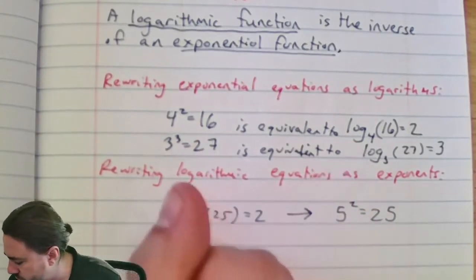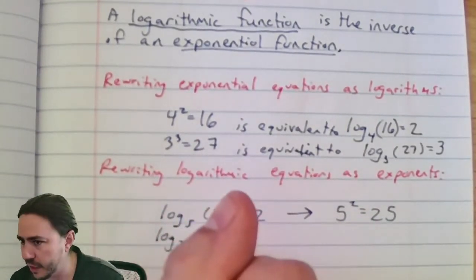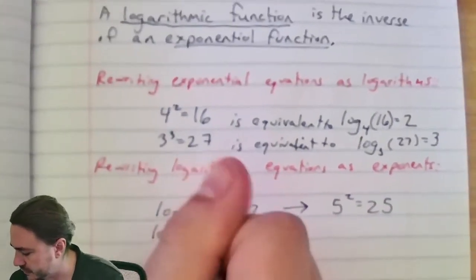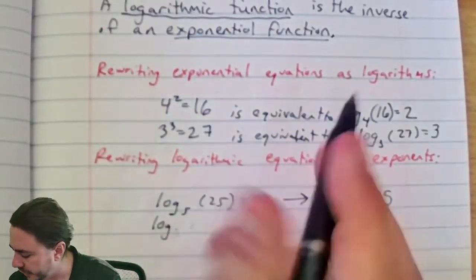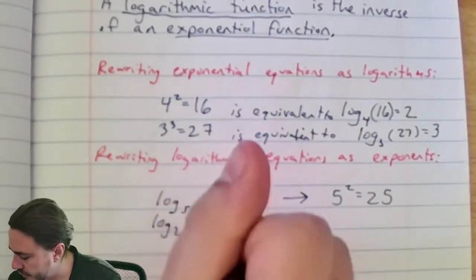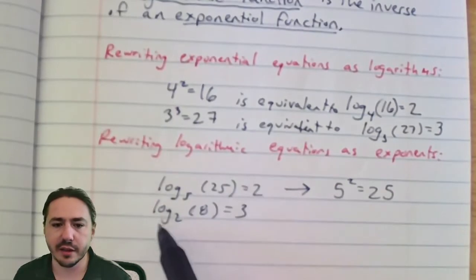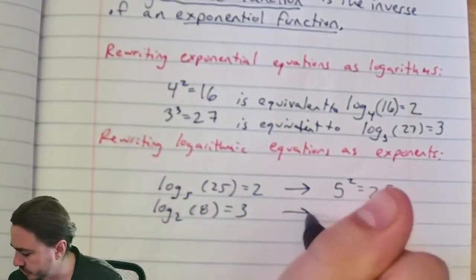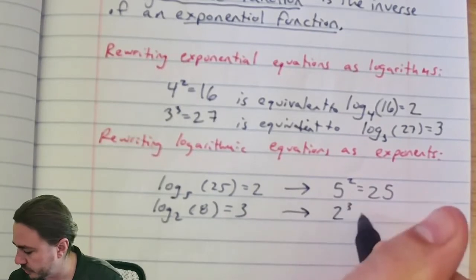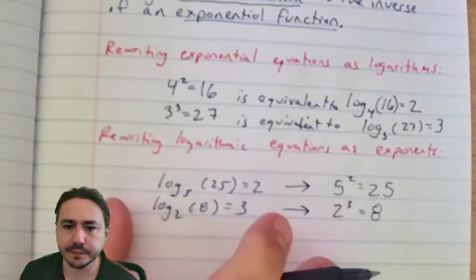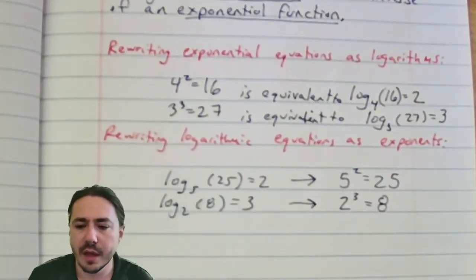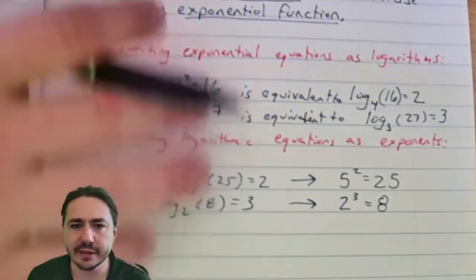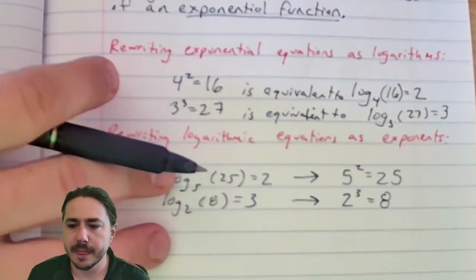We'll just do one little quick last example here. If I have log base 2 of 8 equals 3, you're saying 2 to the 3rd power is 8. So to rewrite this, you would say 2 to the 3rd power is 8, which is also true. So we'll practice rewriting these for sure.